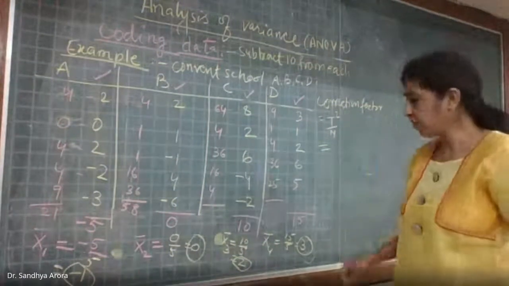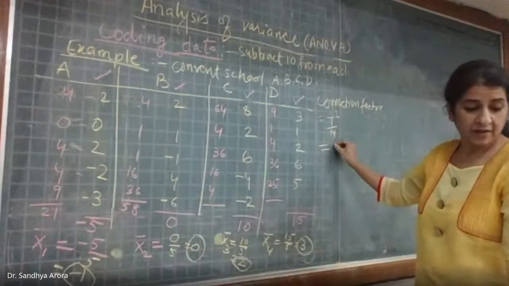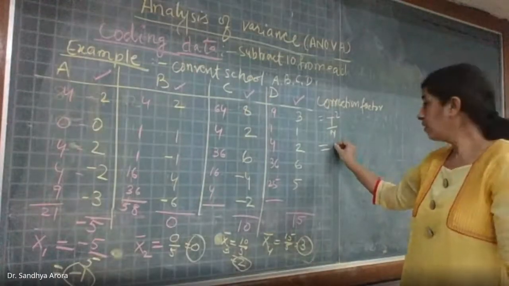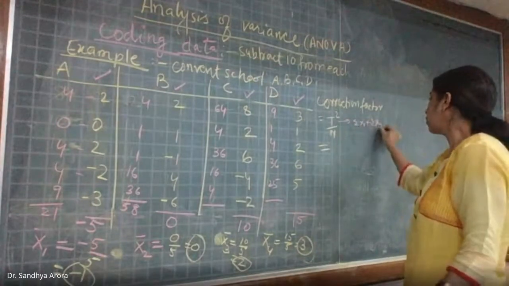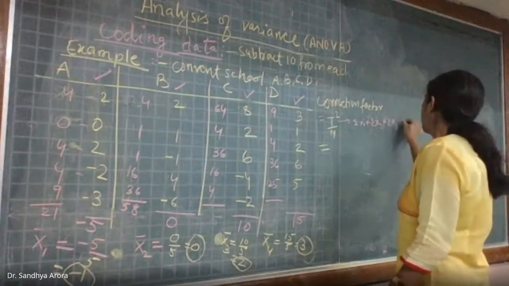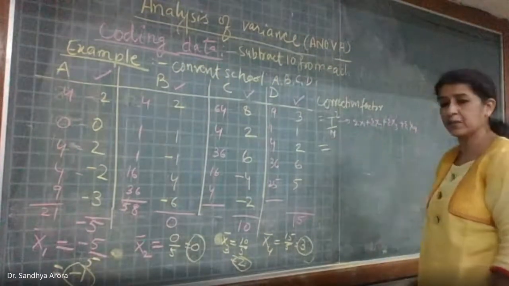How will you calculate the correction factor? Correction factor is summation of x1 plus summation of x2 plus summation of x3 plus summation of x4, सारे samples का summation divide by total number of items.